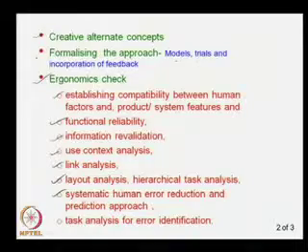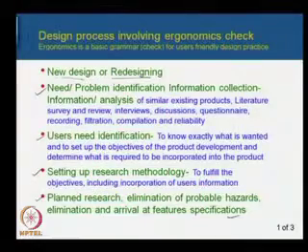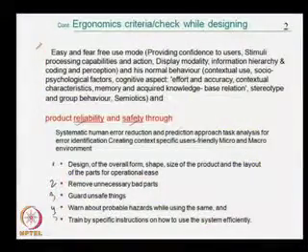Use context analysis, link analysis among all the components, layout analysis, hierarchical task analysis, systematic human error reduction and prediction approach. In the last slide we mentioned this in detail, the 5 points. These 5 points are here that we have mentioned.